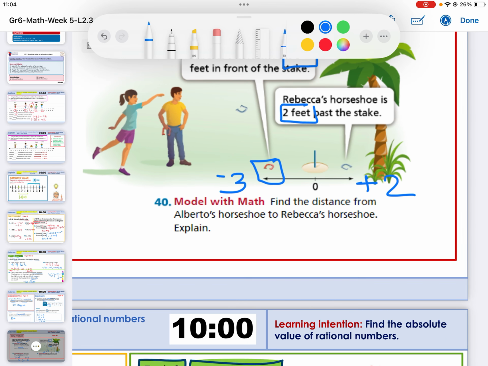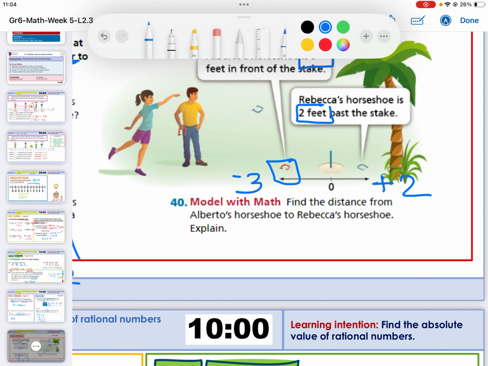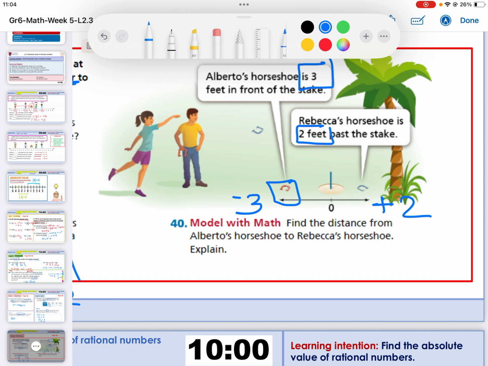Okay, I hope it's clear. Find the distance from Alberto's horseshoe to Rebecca's horseshoe. Again, we're going to do the same. I need to count the steps, how many steps positive 2 is away from negative 3, or negative 3 away from positive 2, how many units. Call it what you want.